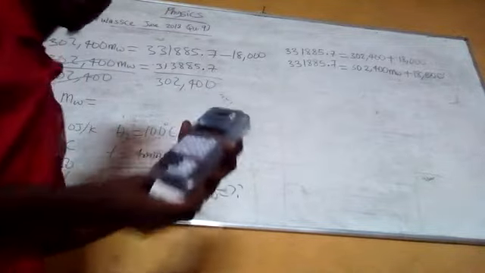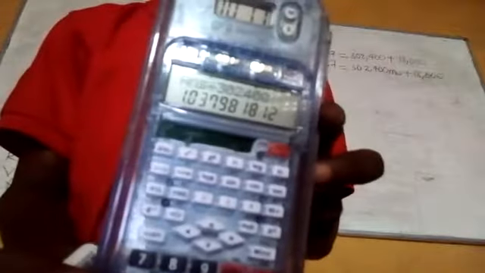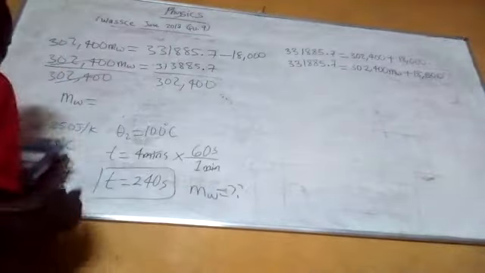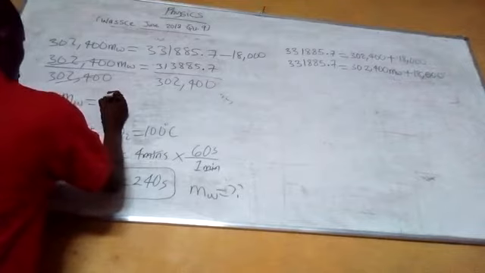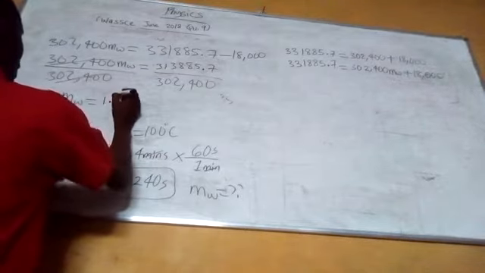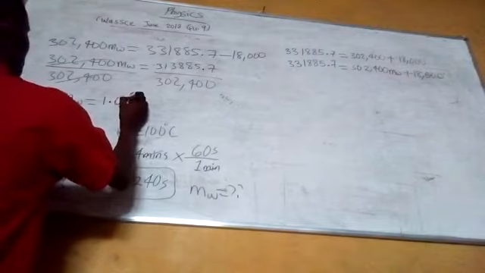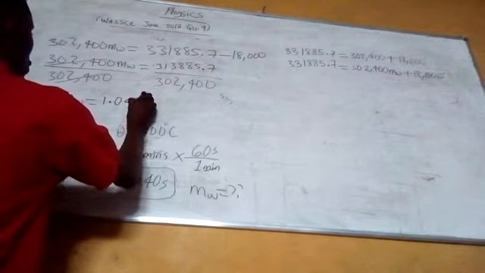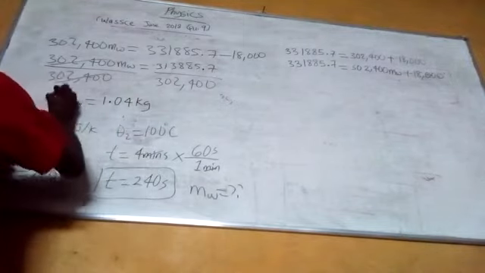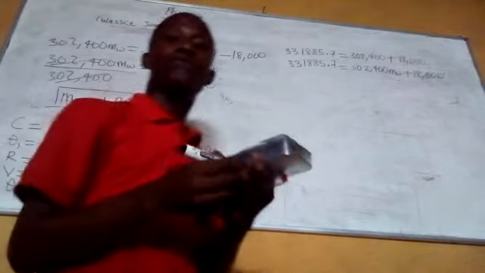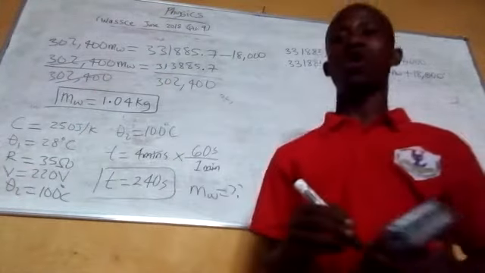So this is what we obtain for the mass of water. It will be equal to 1.037, or rounding up, we get 0.4 kilograms. So this is the answer for 1I part of the problem.